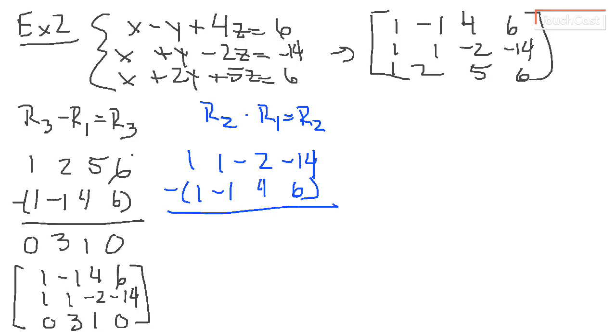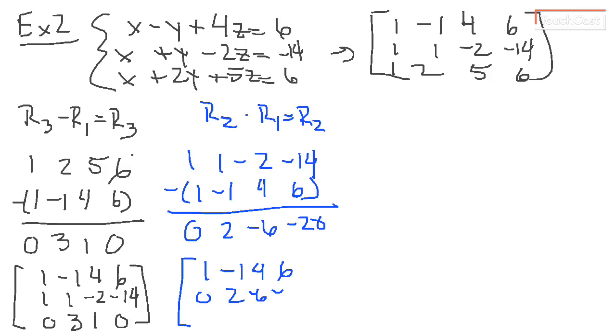So I'm going to have 0, 2, negative 6, and negative 20. So my new matrix is going to look like 1, negative 1, 4, 6, 0, 2, negative 6, negative 20, and 0, 3, 1, 0.